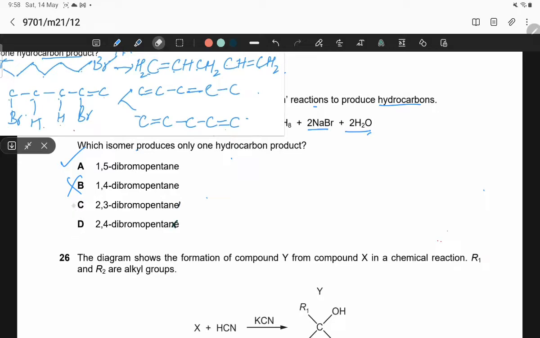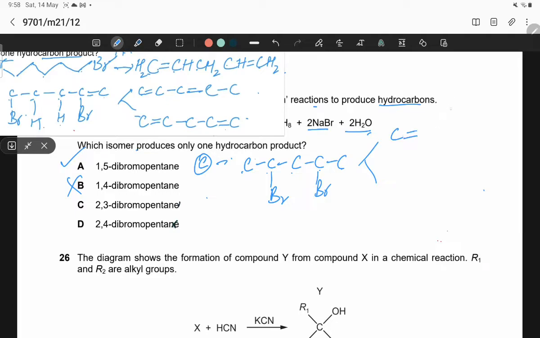So let's check this. 2 3, 2,3-dibromopentane. 1 2 3 4 5, 2 3 dibromo, Br. Two products are formed.